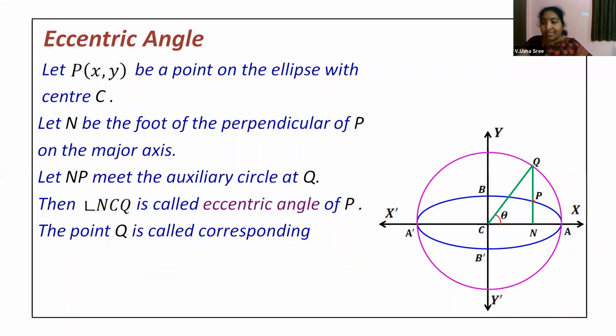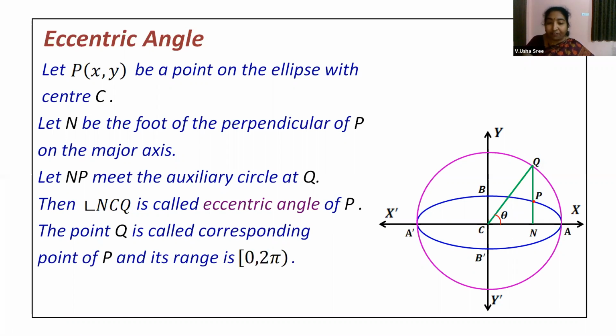Now this angle NCQ is taken as the eccentric angle of P. At the same time, the point Q is called the corresponding point of P, children. And the range of the eccentric angle will be 0 to 2 pi.